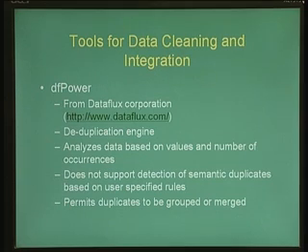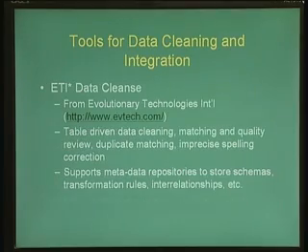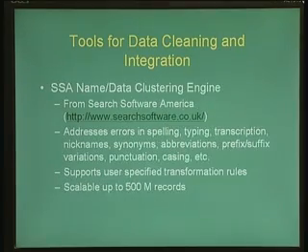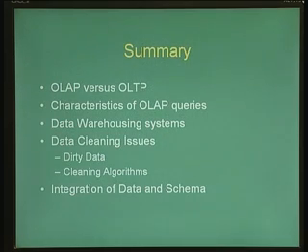So there are different tools for data cleaning and integration, and as I said, there is no common tool that can fit all possible requirements, but there are several tools that can make life easier. So here are some examples, say DF power or ETI star and SSA name and so on and so forth.